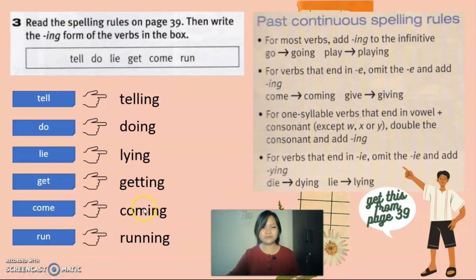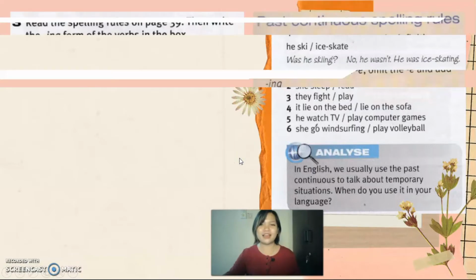For some words like get and run, because they end in vowel plus consonant, like et, here et and then un, we need to add one more consonant plus ing. For example, getting and then running. Alright? So don't be confused by that one.